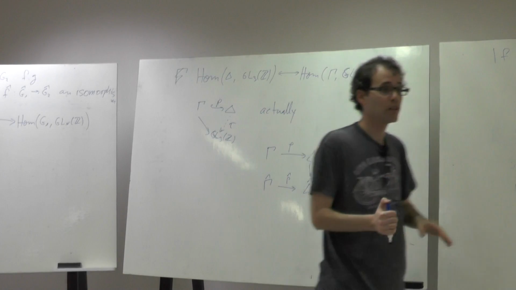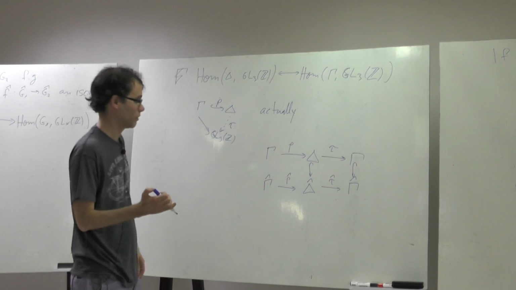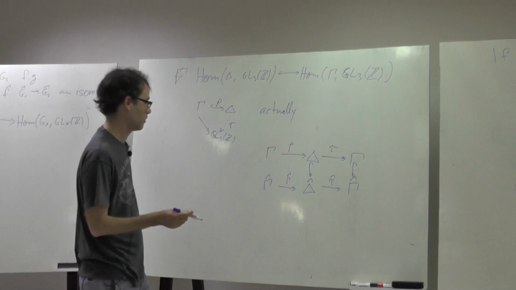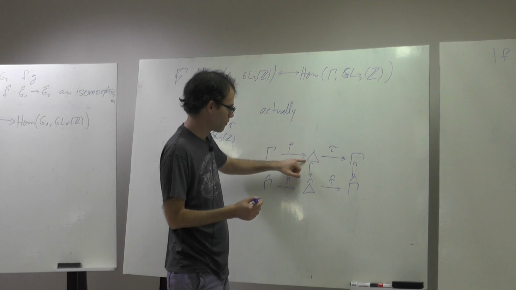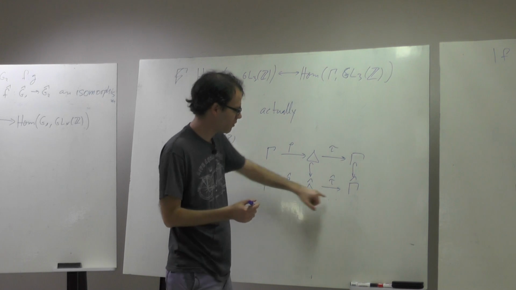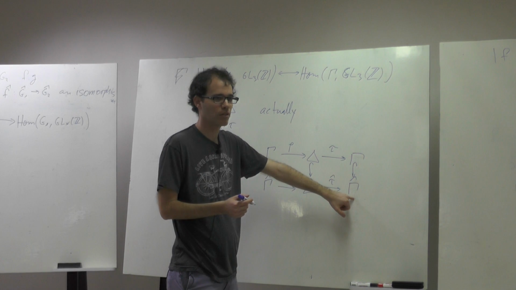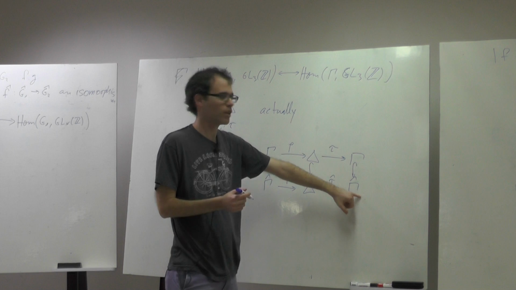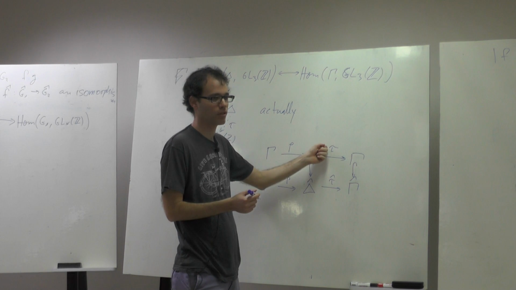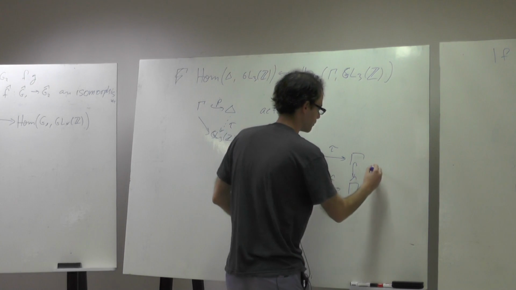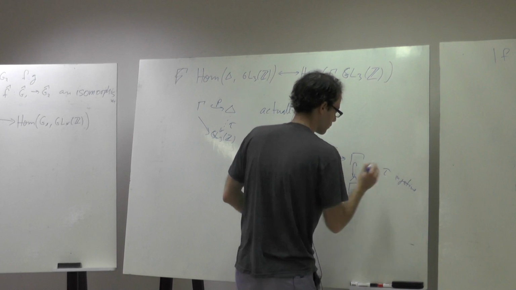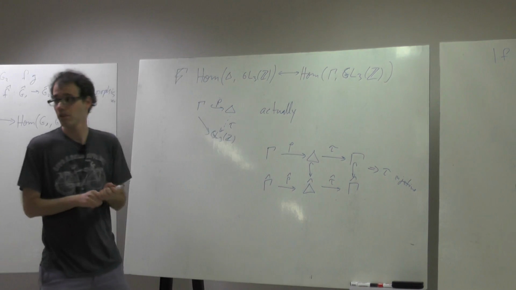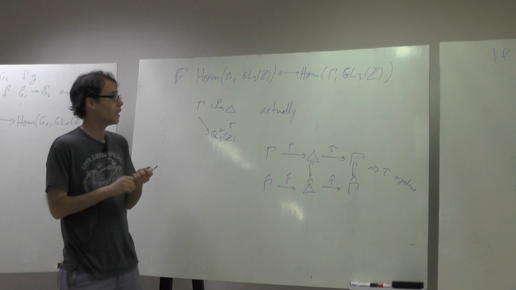Okay, that's the trick. This is injective, and this is injective. Therefore the composition is injective, so tau must be injective. That's a proof.